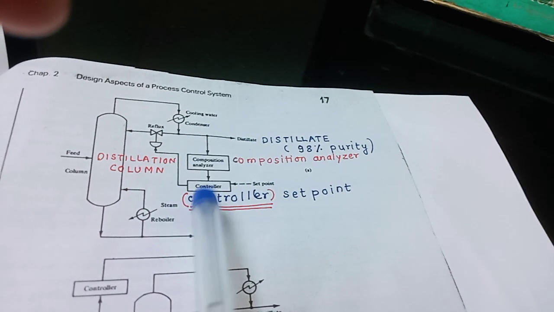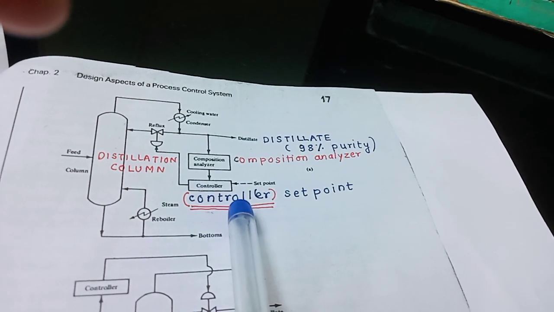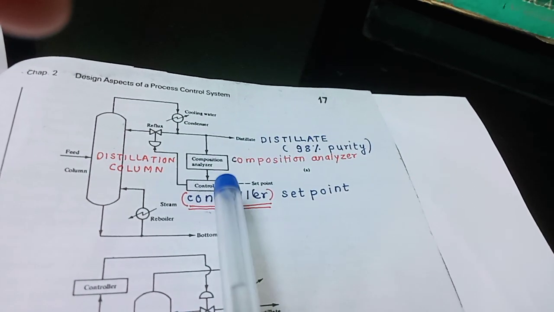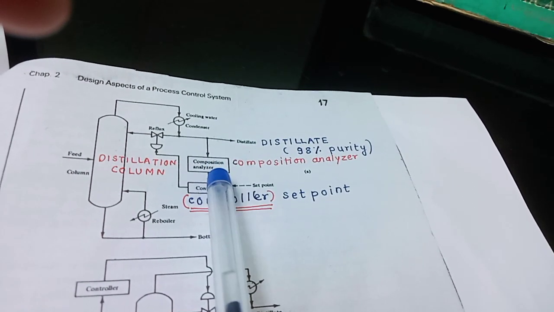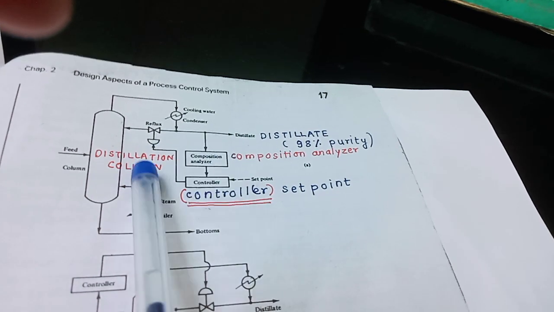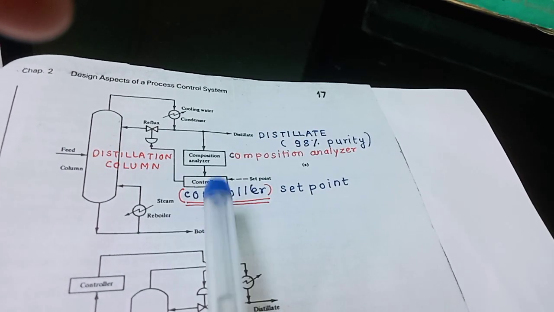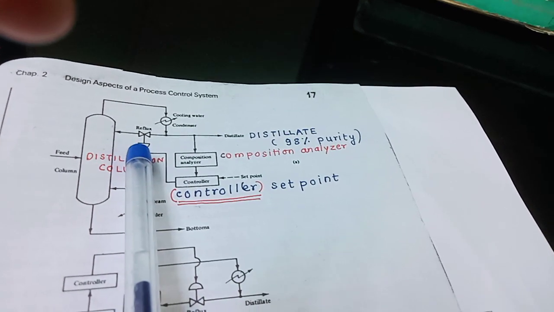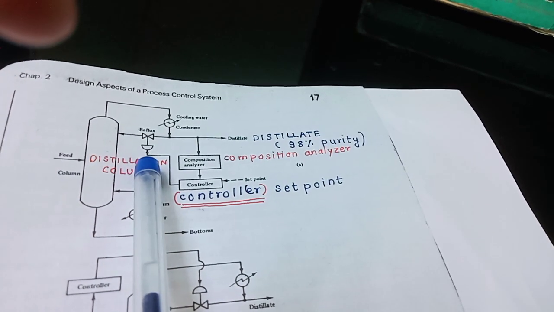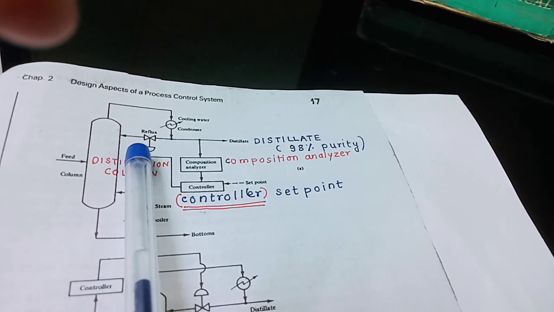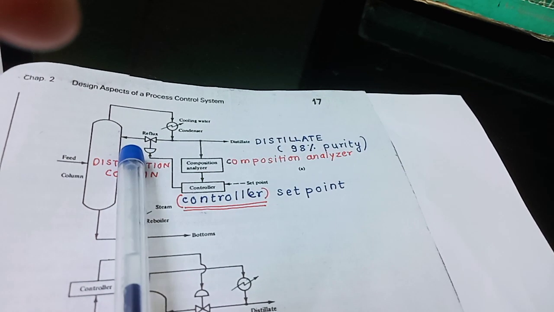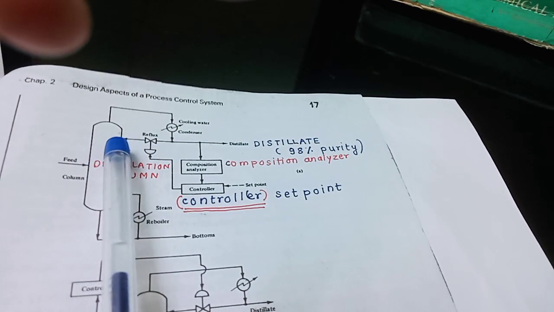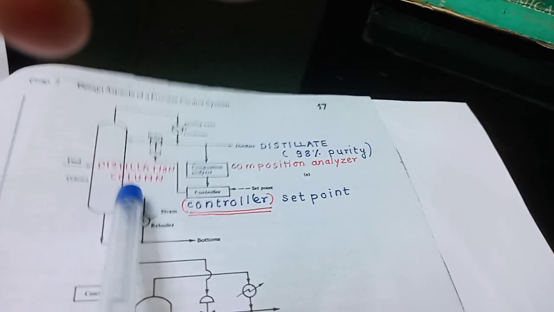It will send a signal to this reflux control valve, and accordingly it will change the condensate flow to this distillation column.